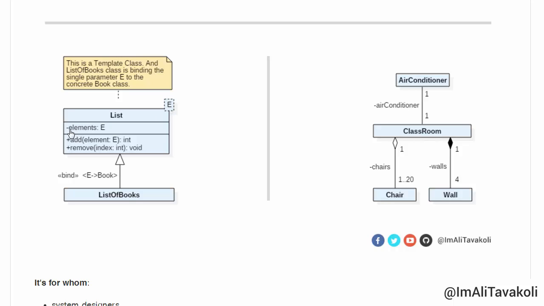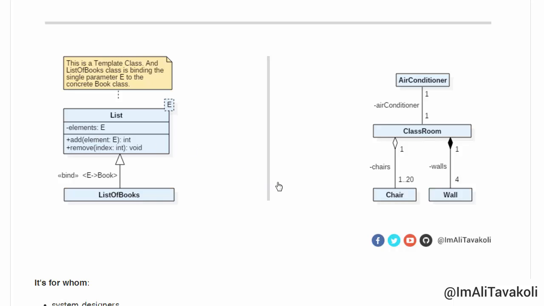So it has an attribute named elements, whose type is E. Now, the ListOfBooks class inherits the List class and binds the E parameter to the concrete Book class. So the ListOfBooks class defines exactly what the type of the attribute elements is. Its type is Book, all right?